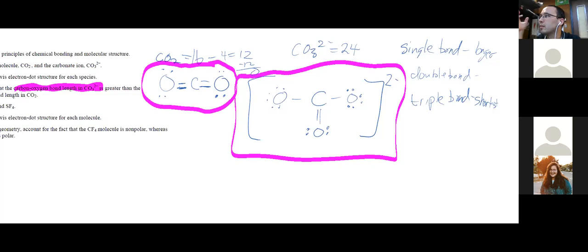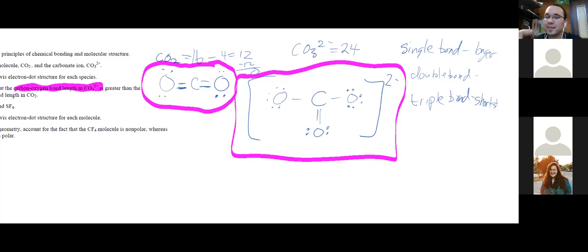Because in CO2 both of them are double bonds. Okay. And in carbonate, what would it be instead? I don't know.